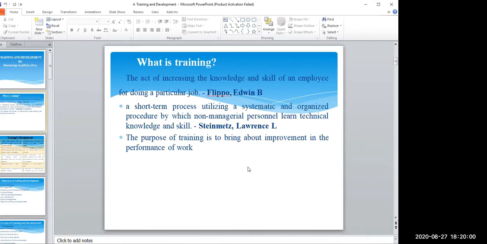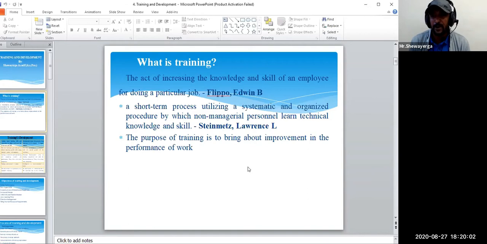Let's say you do training about computers, Microsoft or others. That is simply the act of increasing specific knowledge and skill to use a computer. We can't use that knowledge in another task or job.